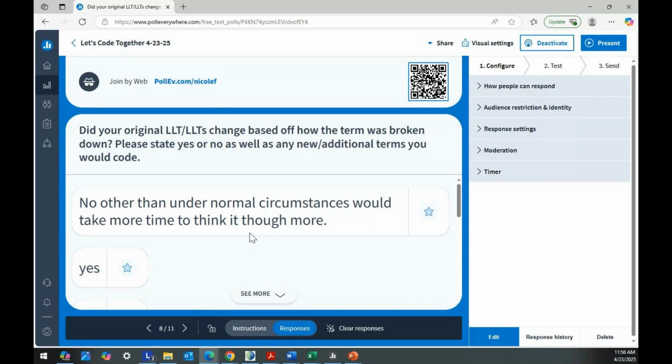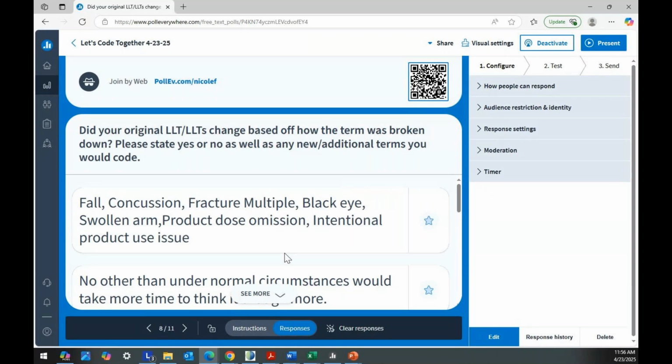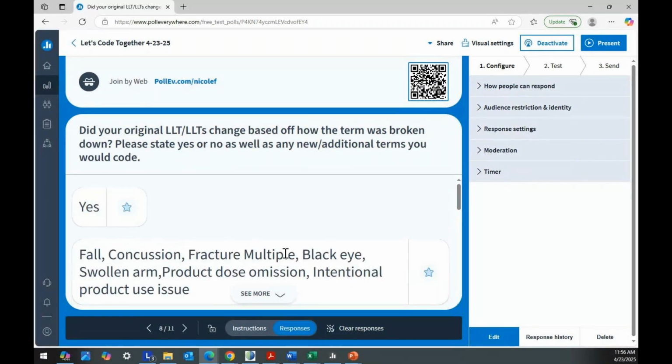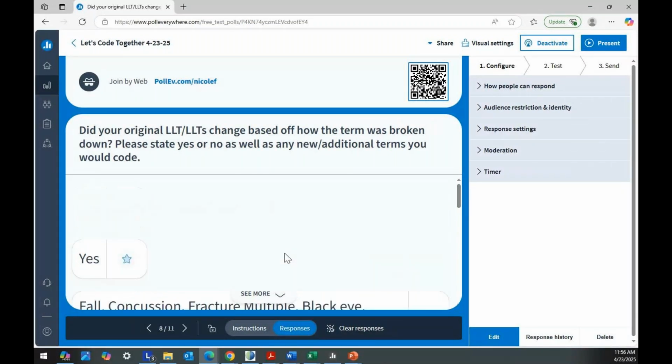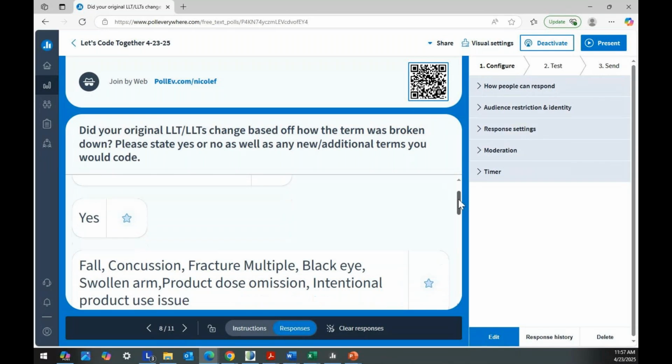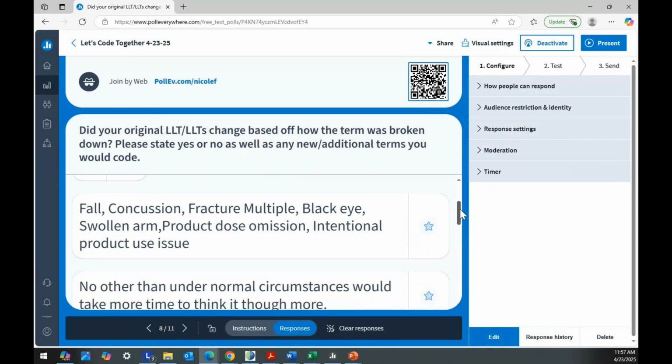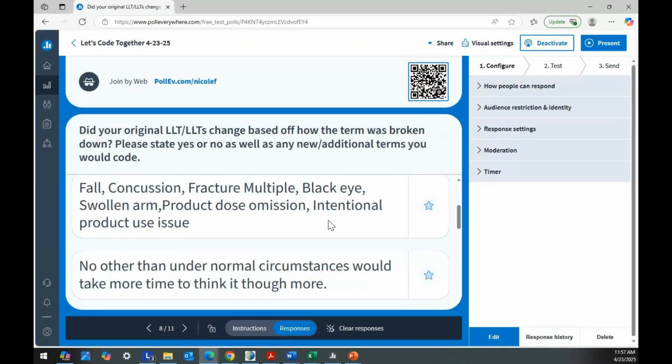So let's see. No, other than under normal circumstances, take more time to think it through more. Yeah. Okay, that is true, because right now we only have an hour here today, or an hour and a half. So maybe a term like this you would sit on for a day or a couple hours, talk to your colleagues about it, do some researching. So that's a good point. Yes, query for the second part. Okay. Product dose omission, intentional product use issue.